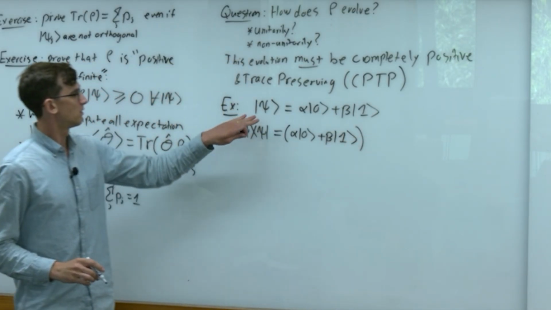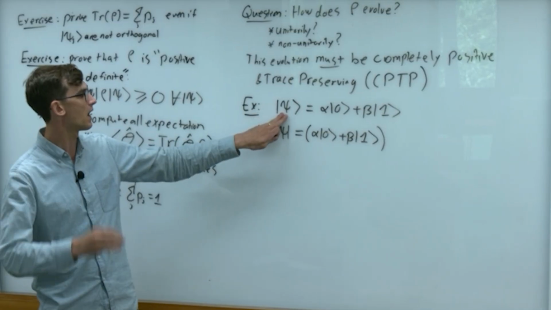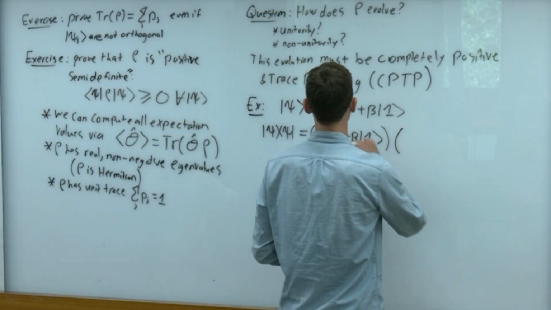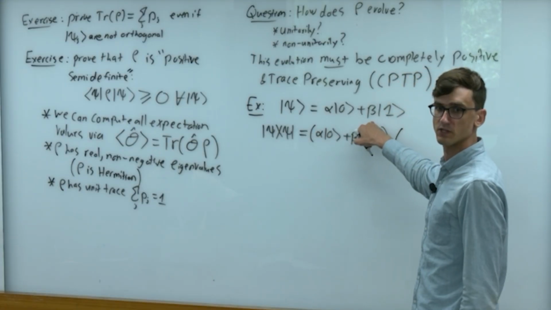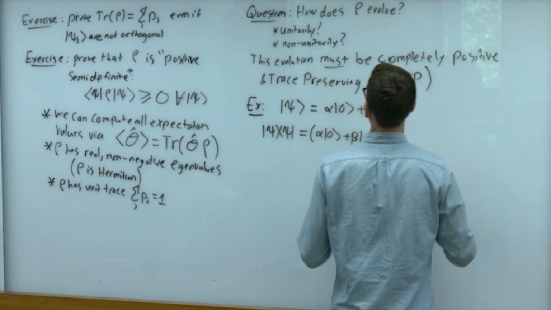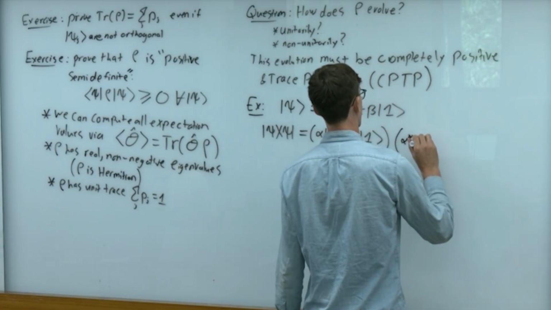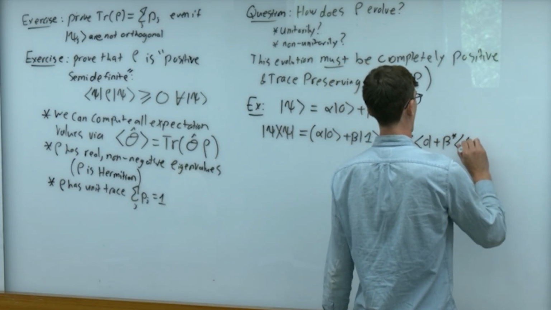And then how do I get bra psi from ket psi? I take the dagger of this equation. And what does the dagger do? It turns the alpha into an alpha star, beta into beta star for complex conjugation, and I get to flip these kets into bras. So then I have alpha star 0 plus beta star 1, right?